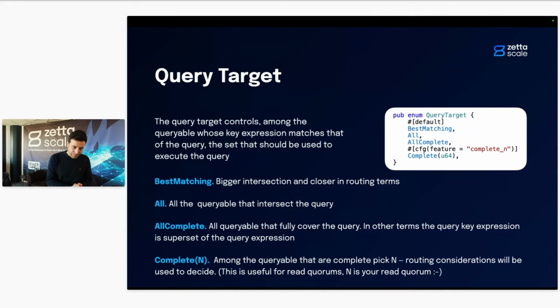All complete ensures that only complete queryables that are supersets, so complete with respect to your query, are triggered. And complete n means among all the complete queryables that cover your query, only n will be triggered. And this is, again, one way of doing a read quorum.